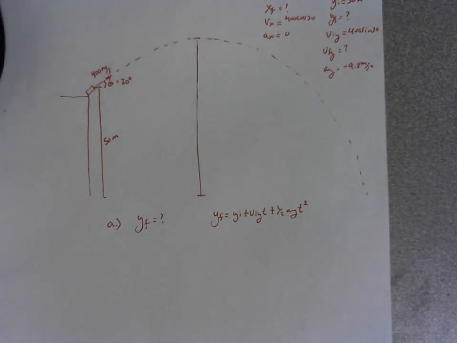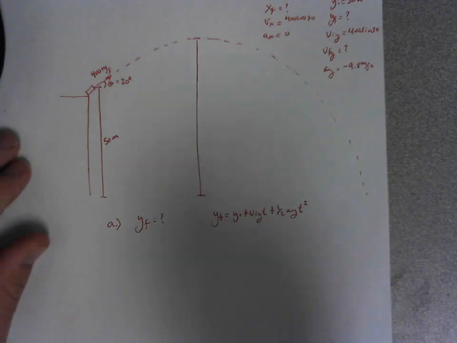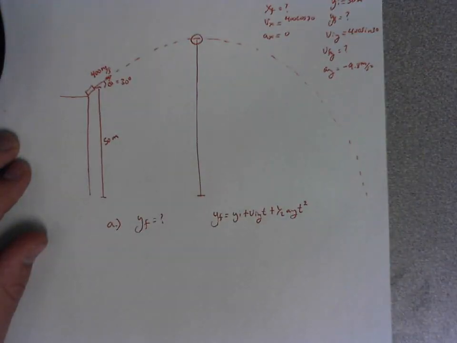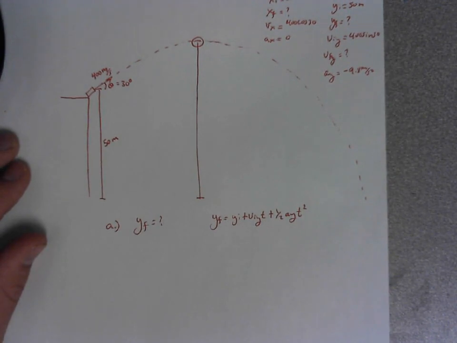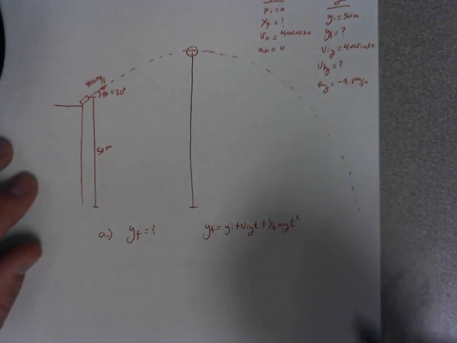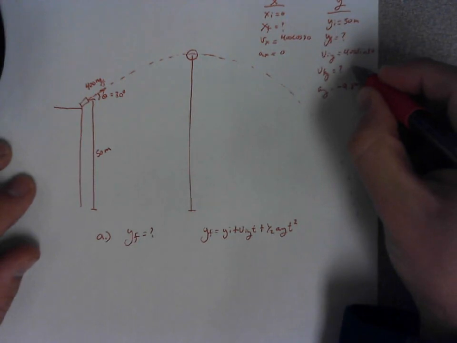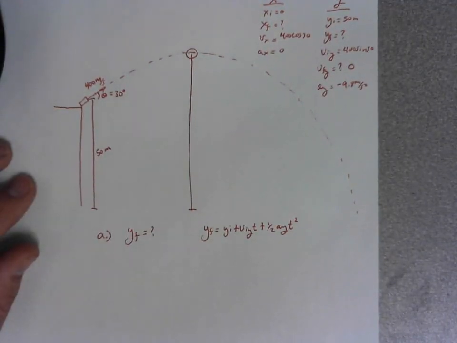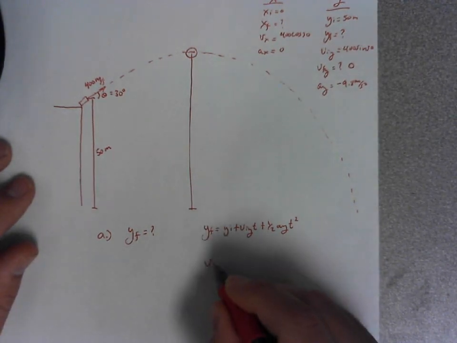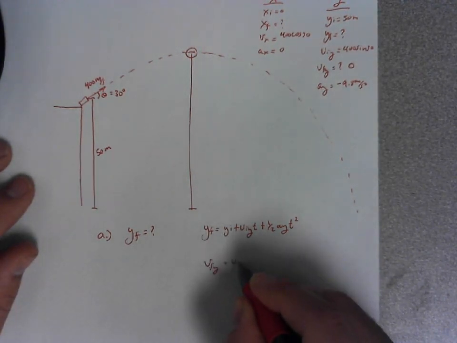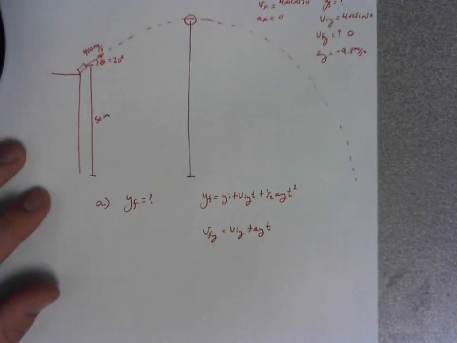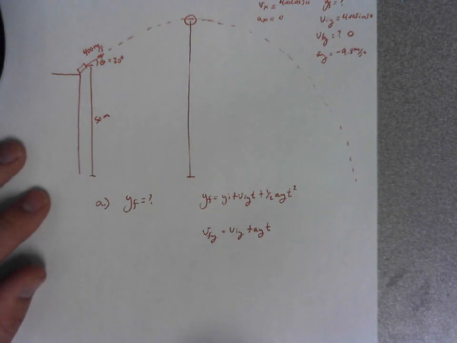Now notice, my defining feature of that spot up here is that my velocity in the y direction has gone to 0. So I can come up here and say, for this part at least, that's going to be 0. And so I can solve for time pretty easily using this equation, my standard final velocity equation that's derived from my acceleration equation.